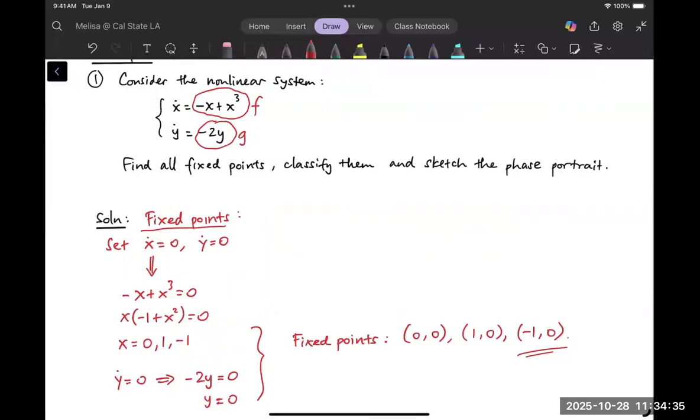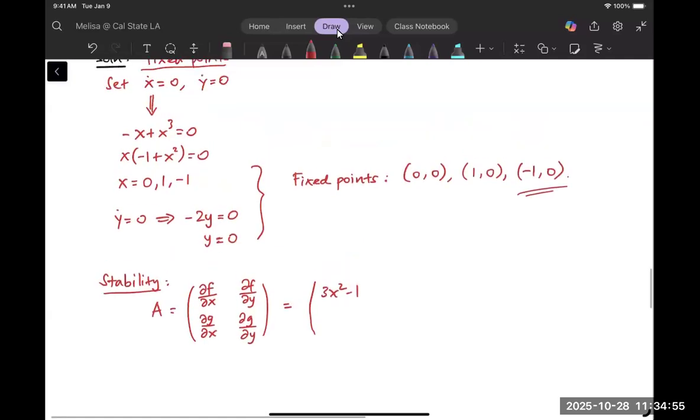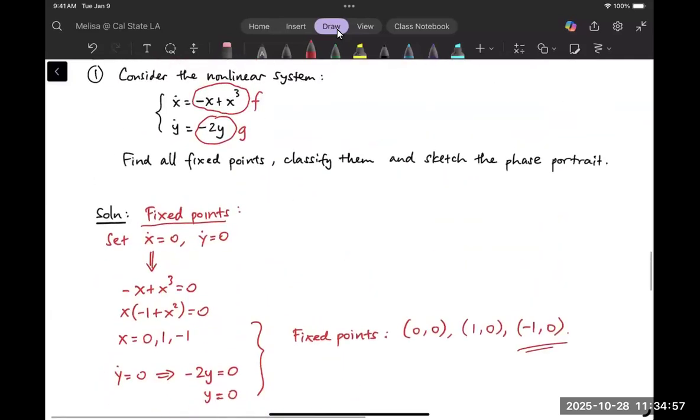The first one, I need the partial of f with respect to x. How much is that one? 3x squared minus 1. Yep. What about the partial of f with respect to y?